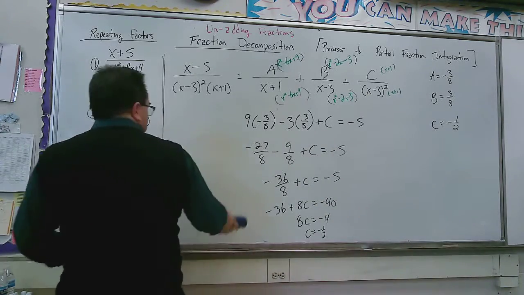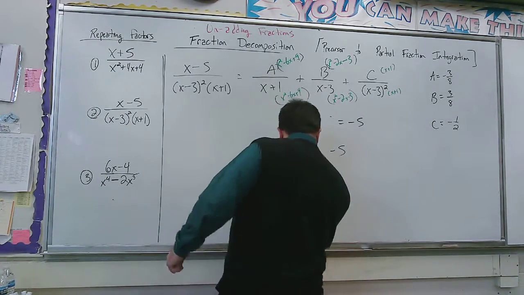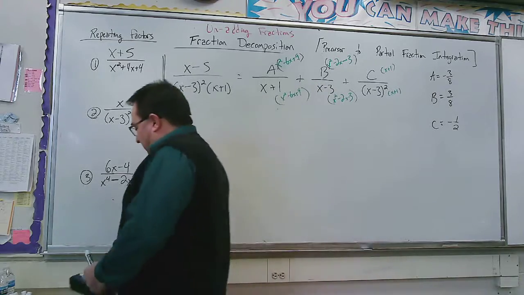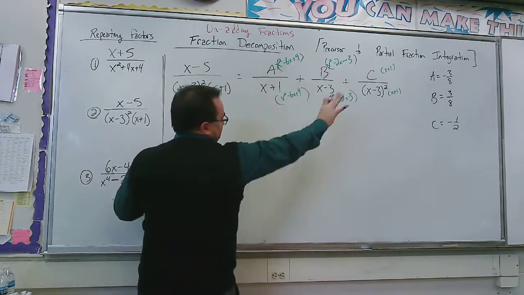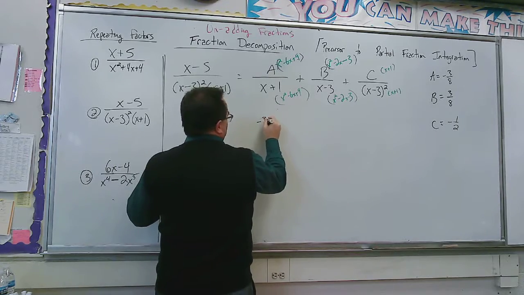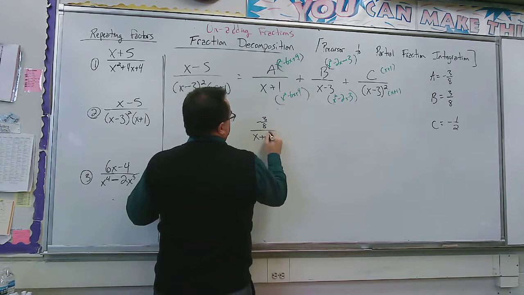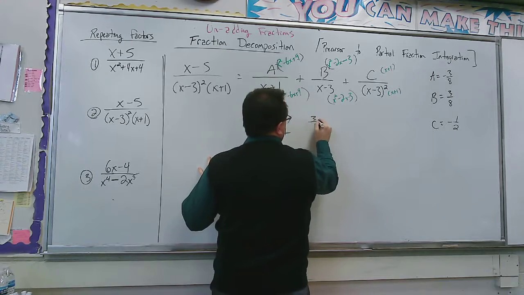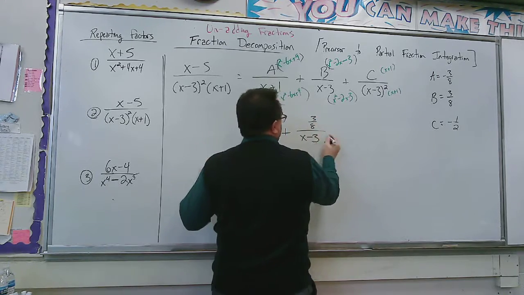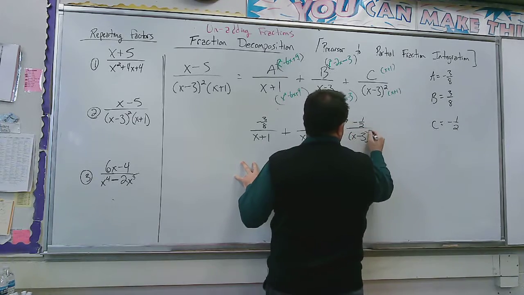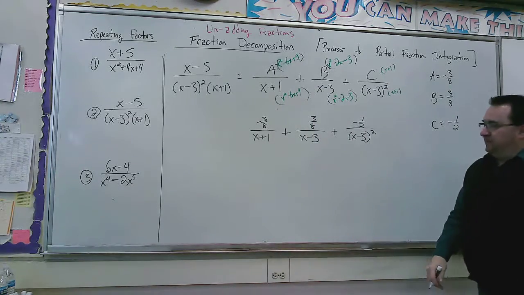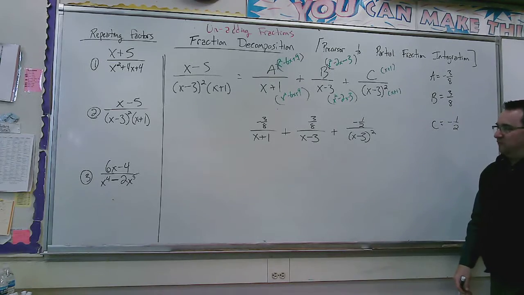Now I'm going to spend a little extra time talking to you about format. I could write this. So see my original breakdown? There's my answers. I could write this. That is true, but it is super bad form.